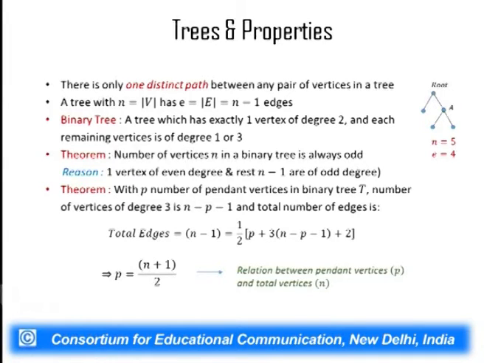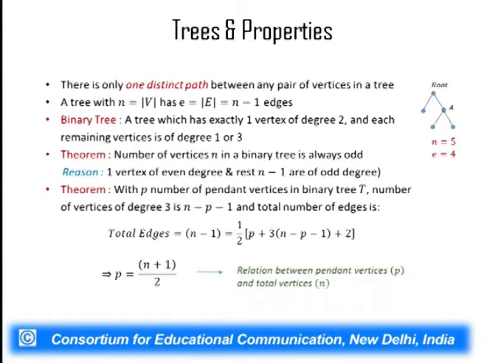Yes, we can see that there is exactly one vertex of degree 2 and each other is of degree 1 or 3, because the root is the node having degree 2, node A has degree 3, and the other nodes, better known as leaf nodes, have degree 1.